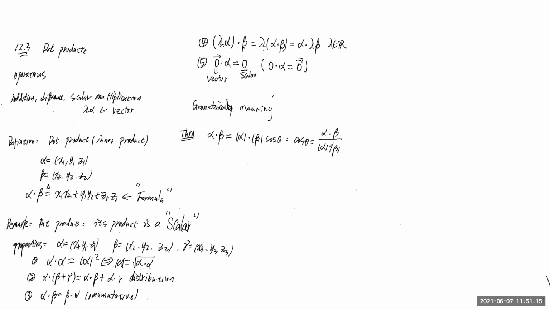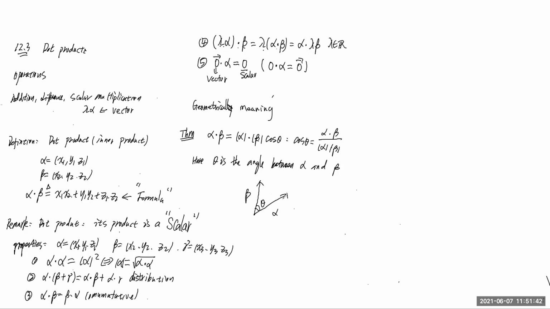What's theta? Here, theta is the angle between alpha and beta. So this is alpha, this is beta, and this is theta. So it's kind of a formula, right?